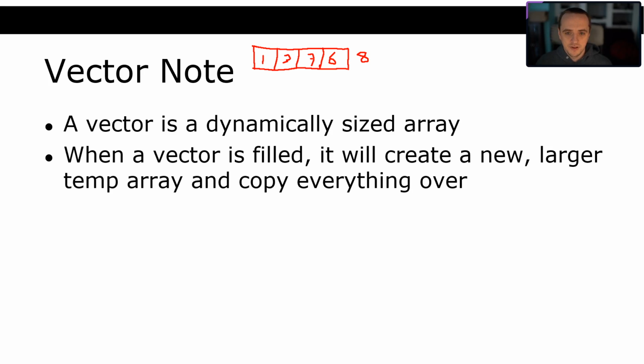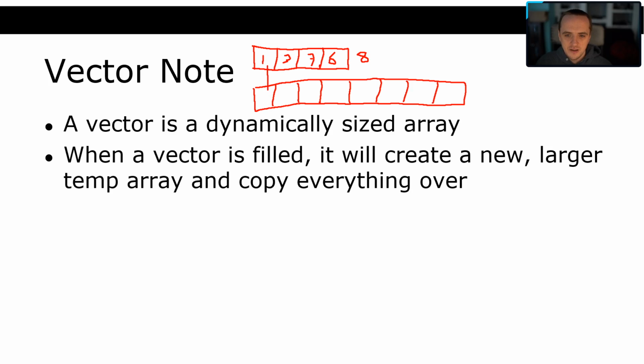And so what happens internally is that the vector has to create a new array, and typically what it will do is create an array that's maybe double the size of the previous array. Okay? And then it has to copy each of these elements into the new one. So it goes 1, 3, 7, 6, and then it will insert the 8 into here.